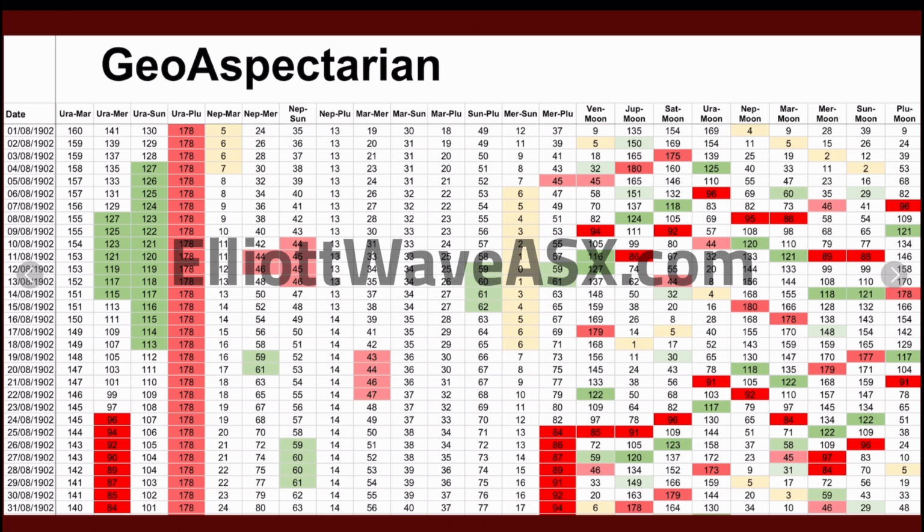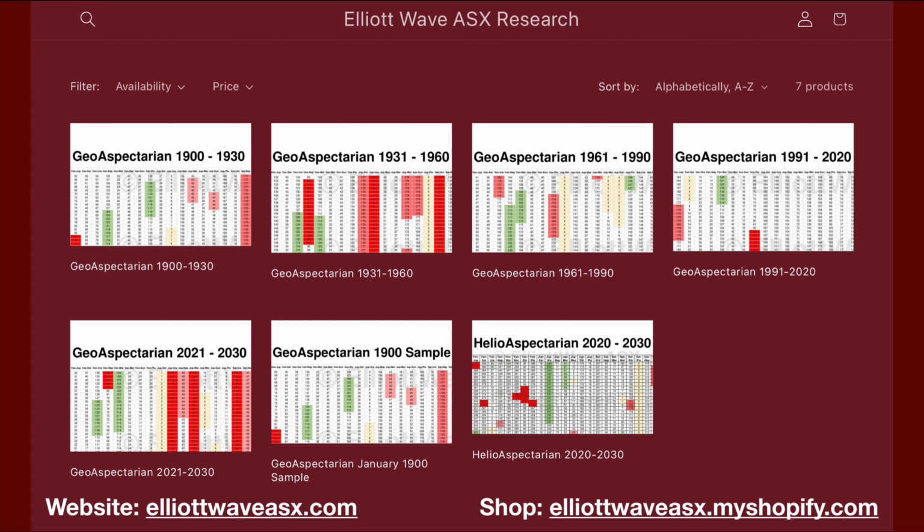It can often be a large price movement, and then you can look up the date in the Aspectarian files and see if there were any important aspects influencing that movement.